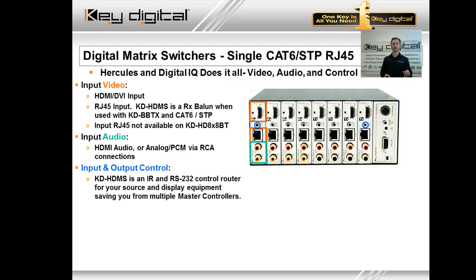If you do the math, you've got, for example, the 8x8 BT, you've got 16 3.5 plugs. You've got 8 receive baluns. The receive balun can be IR and RS-232 simultaneously. So let's say we're controlling 2 devices potentially per receive balun.